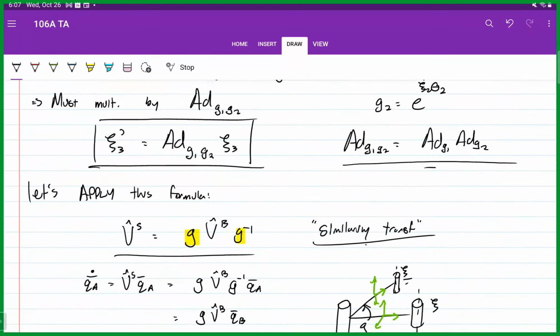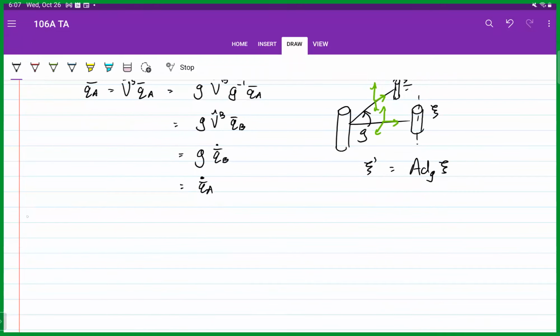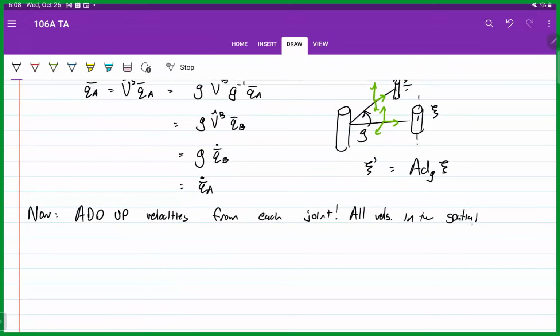All right, cool. So now what we want to do is add up the velocities from each joint, and these velocities should all be in the actual spatial frame. When we add all these contributions from each joint together, we're going to get our total velocity between the spatial frame and the tool frame.